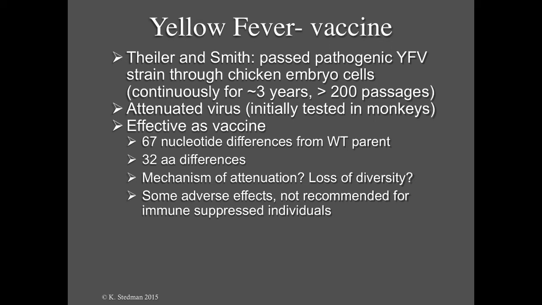but it produced an immune response. Again, this requires the adaptive immune response, largely the antibodies produced by the B cells, and so you could give this to people. They generally were not sick, mostly. And so you have an effective vaccine that produces fairly long-term immunity. It's known that there are about 67 nucleotide and only 32 amino acid differences from the original strain.